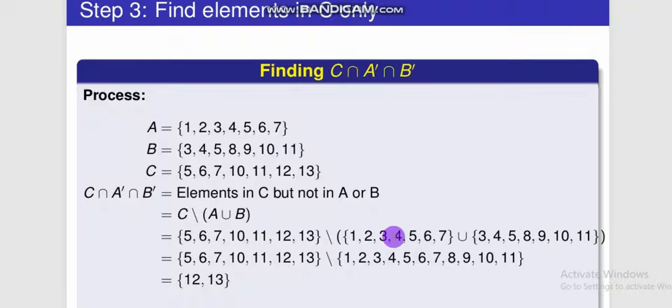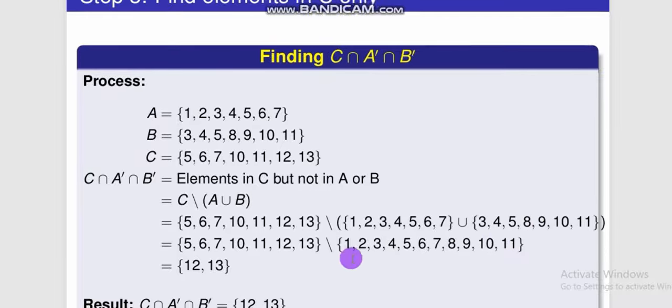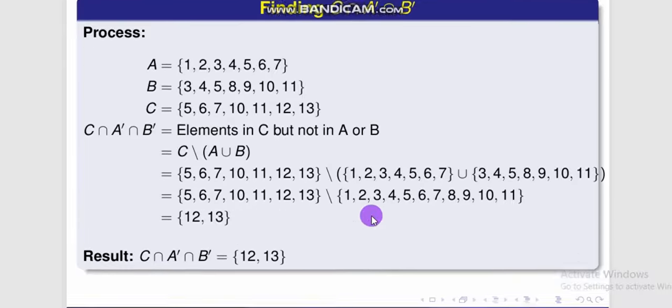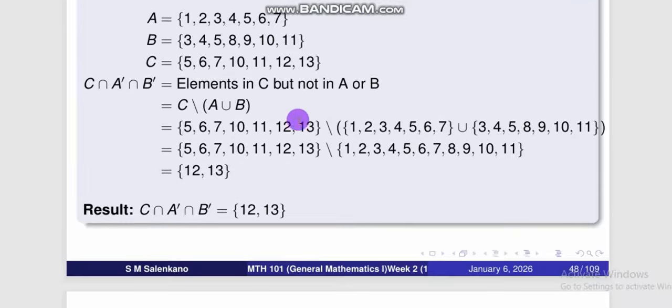Then we now unite our A and B here, right? 1 2 3 4 5 6 7, and then this one has the 3 4 and 5, all of them we have written, so we ignore that. Then 8 9 10 11. So we have united the set A and B.